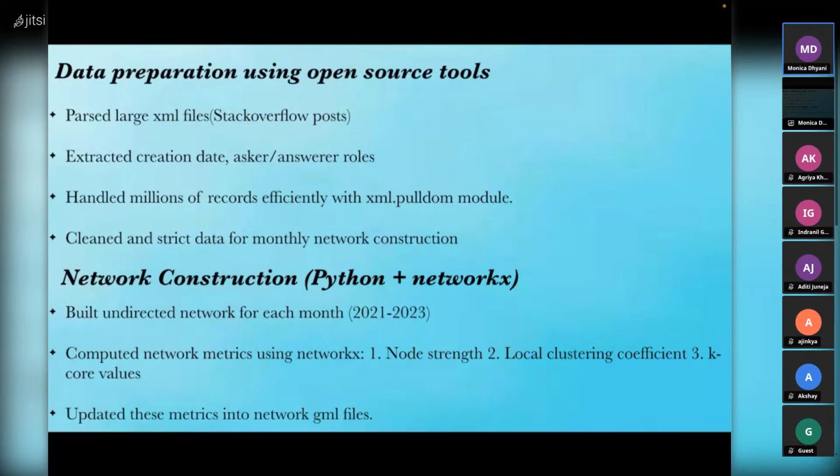So data was prepared by using XML DOM. I parsed my XML files and constructed the network and network modules.